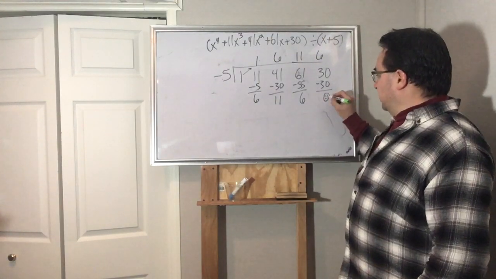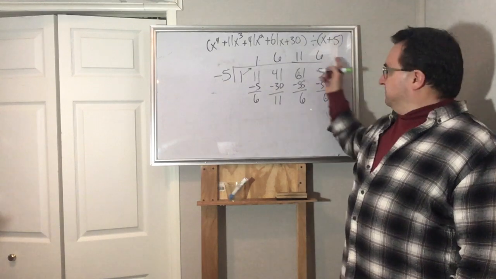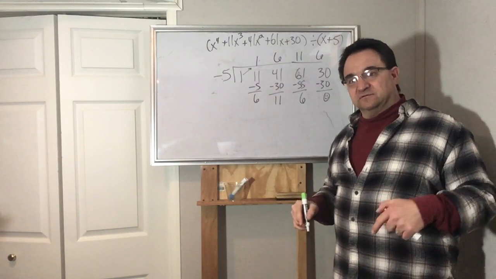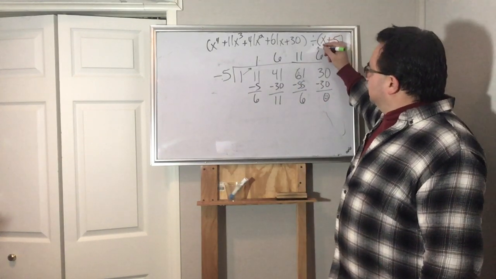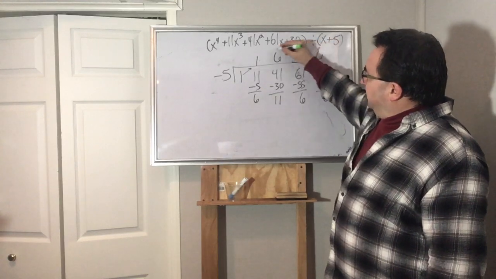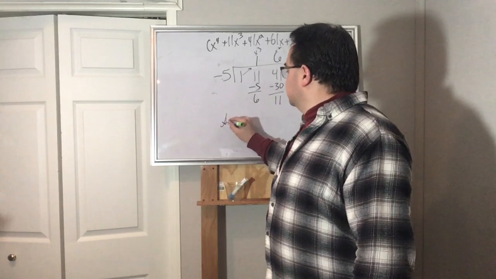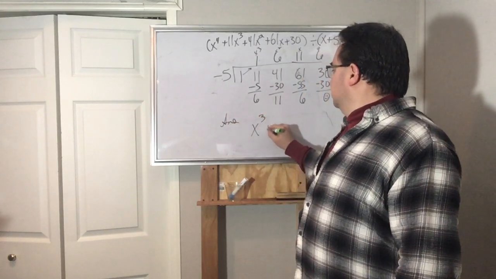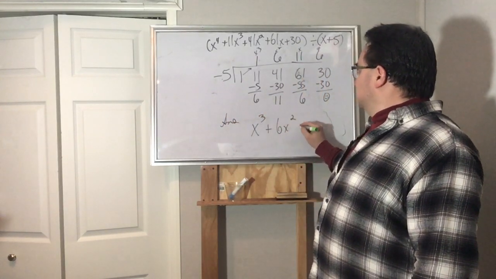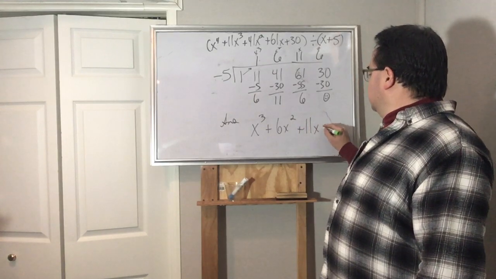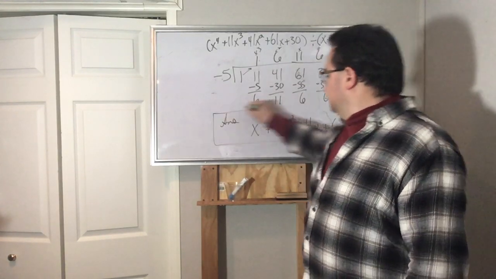That's nice. We like that. So our answer is up here. I just have to be careful to reinsert the x's. So you should always start at this end. This is the number, the x, the squared, and the cubed. So my answer is going to be x cubed plus 6x squared plus 11x plus 6.